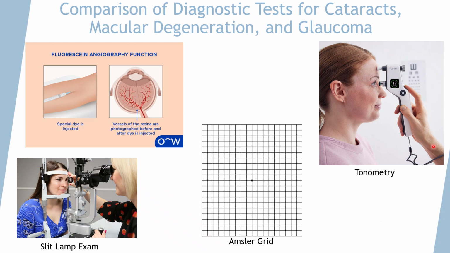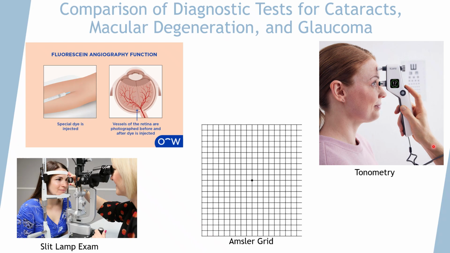The slit lamp exam helps test for anterior eye structures. The patient will lean their head on a chin rest to stabilize the head, and a beam of light is aimed. So the provider can locate the position of any abnormalities in the cornea, lens, or the vitreous humor, which is that fluid that's behind the cornea.